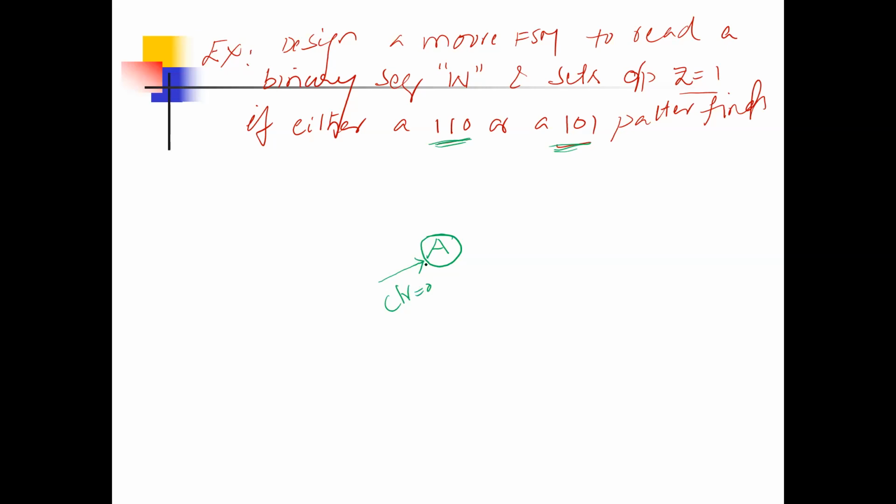Suppose in the input bit stream the input bit W is 0, then it should stay at the same state. Otherwise, the next state is B, let us say.